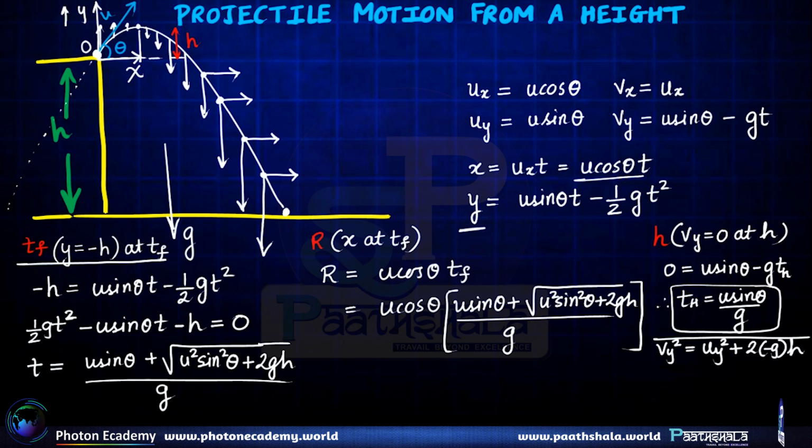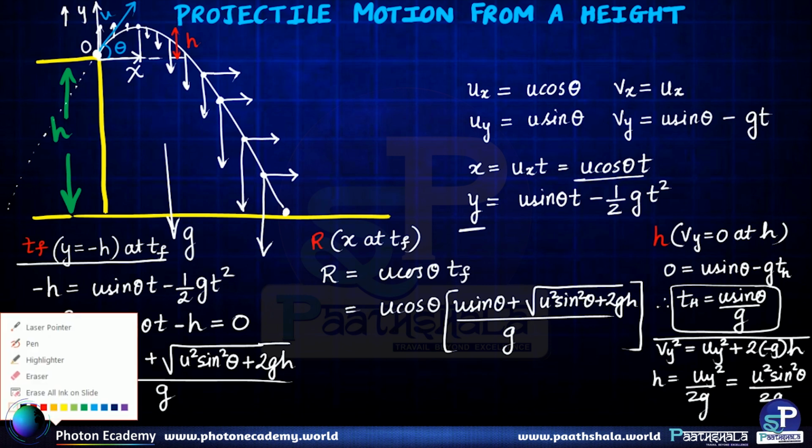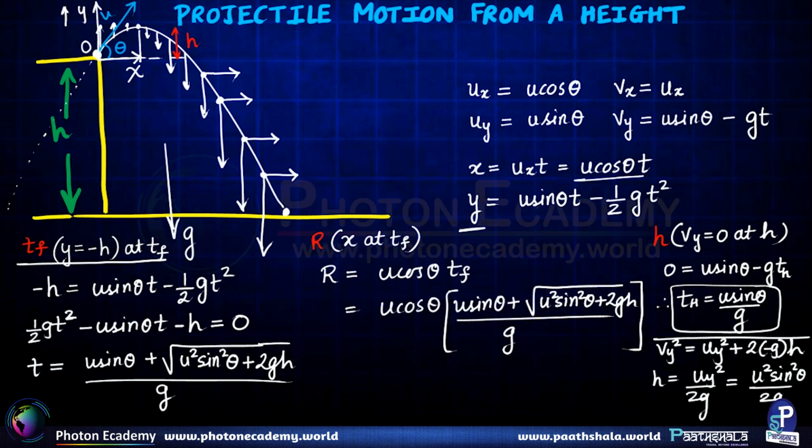So since Vy is going to be 0, we get H is nothing but uy square upon 2g, that is nothing but u square sine square theta upon 2g. So this t_H, u sine theta upon g, is also the time taken to reach the maximum height. So these are the things that we found out for projectile motion that is projected from a height h.